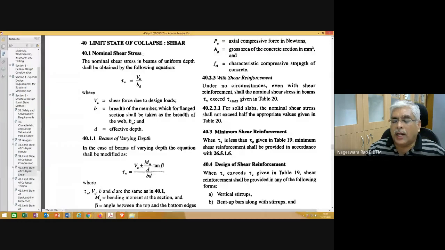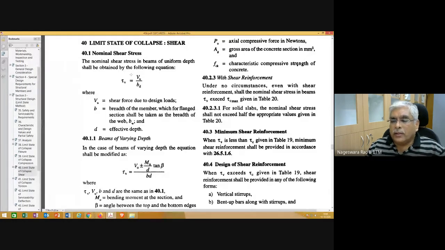From your structural analysis concepts and mechanics of materials, once the loading and boundary conditions are given, you should be able to find shear force at any location along the length of the beam, and also bending moment, and draw the shear force diagram and bending moment diagram.